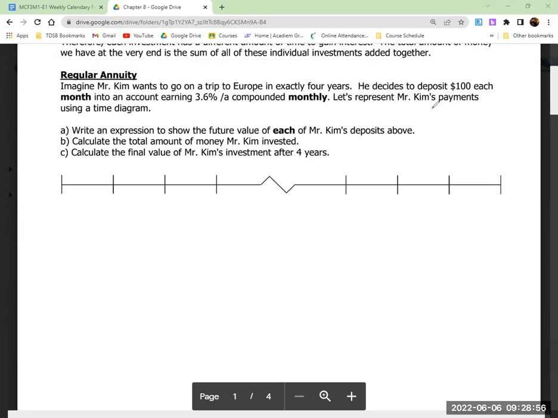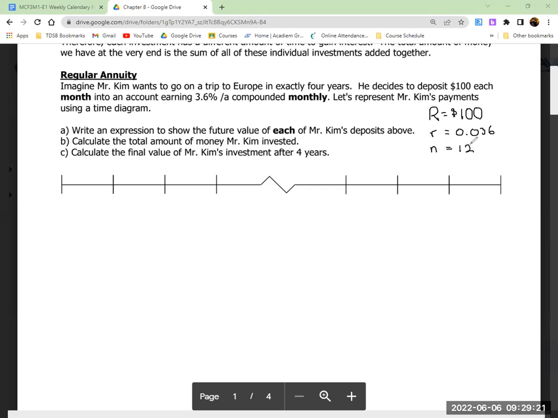I know my capital R is going to be $100. And I didn't talk about what capital R is. It's a repeating payment. Capital R is repeating. My R is going to be 3.6%. And my N is 12.